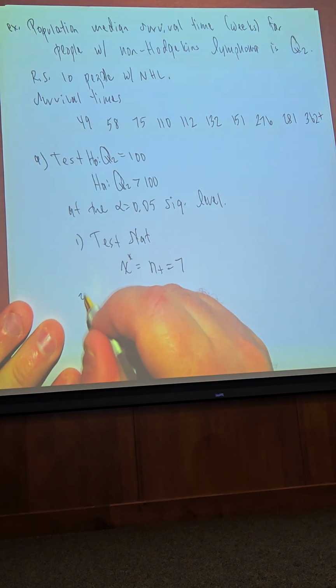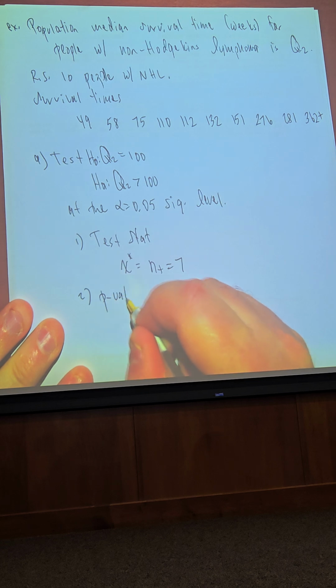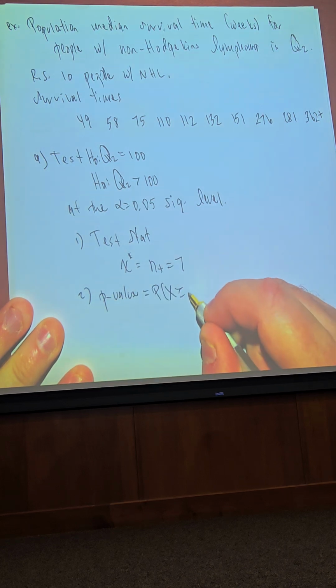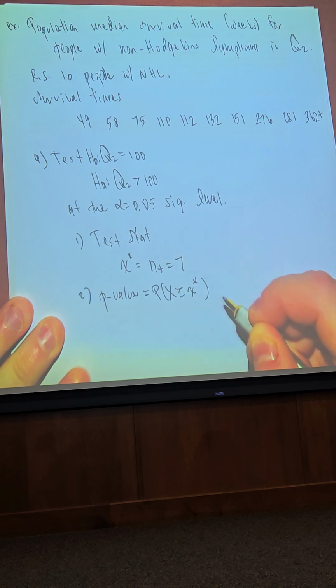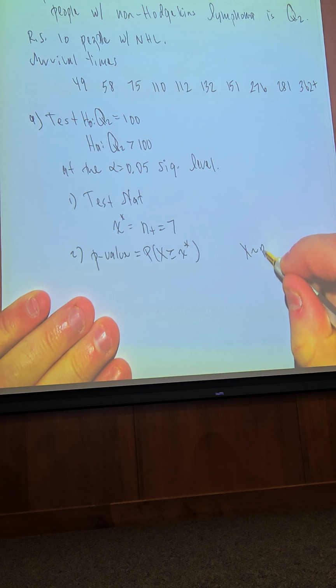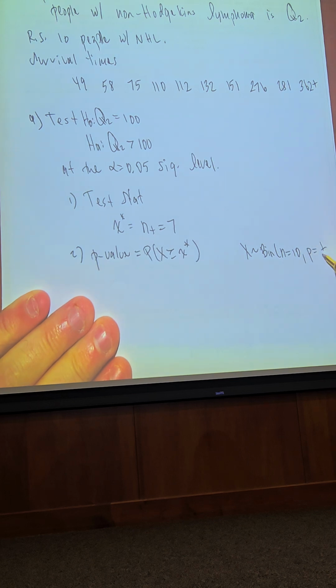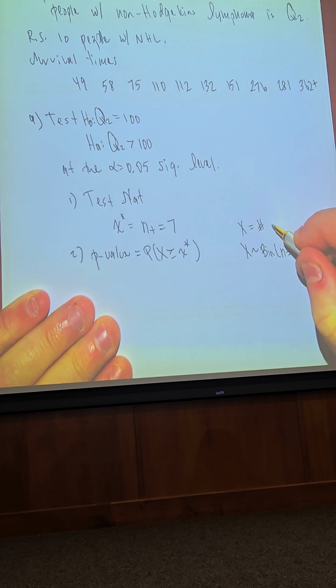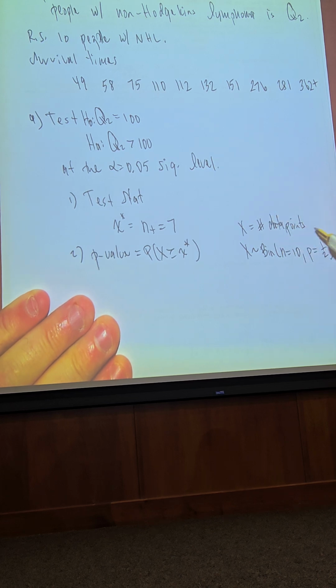Now, my p-value is going to be the probability X is greater than or equal to X star, where X, in this case, has a binomial distribution where n is equal to 10 and p is equal to 1/2, where X is the number of data points greater than 100.